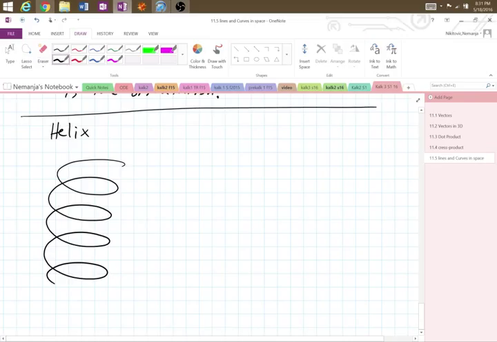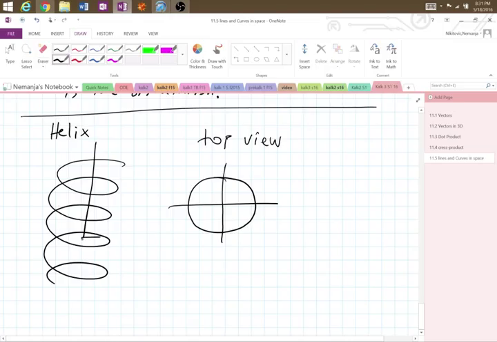And this is the side view. If you look at the top view, all you see is a circle. Top view. Helix on the side view. You're going to have your, let's say, coordinate system go like this, x, y, z.